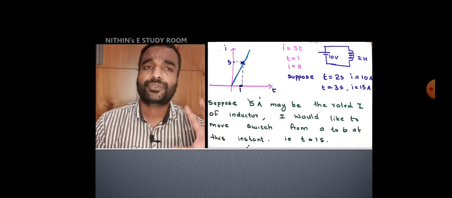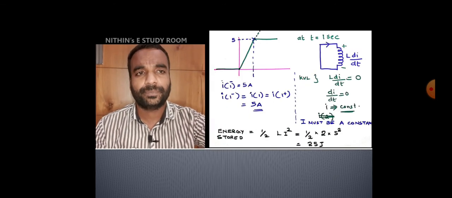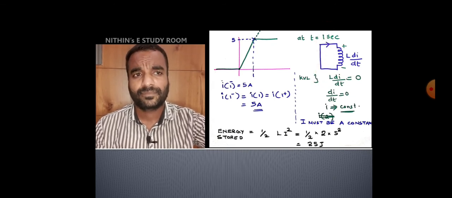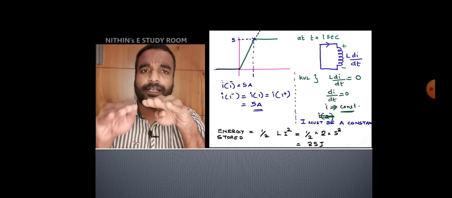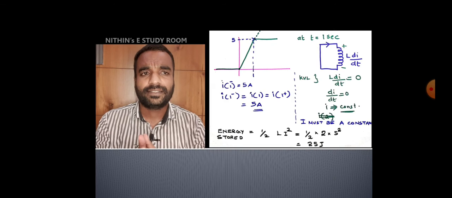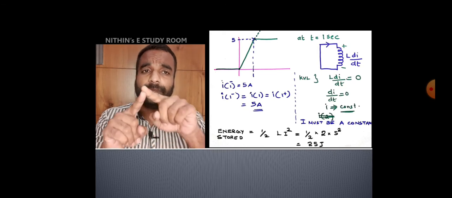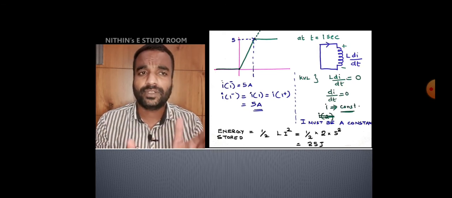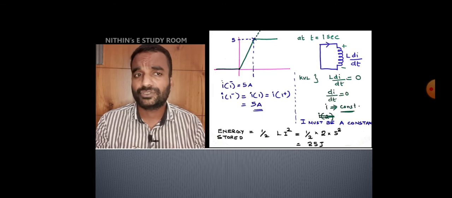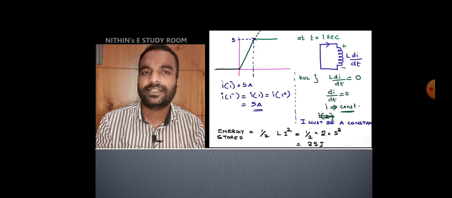So at 1 second you should move the switch to position B, so that you get a short circuit in position B. Then the current will become constant, because you can check the KVL, and in KVL you will get that I will be constant at position 2. The current will be constant at 5 ampere, and the energy you will get is 25 joule, that is the energy stored. Up to this we have discussed in the last class very clearly.